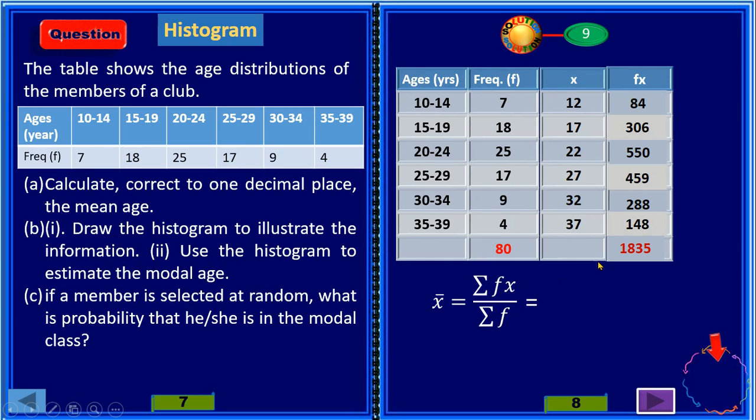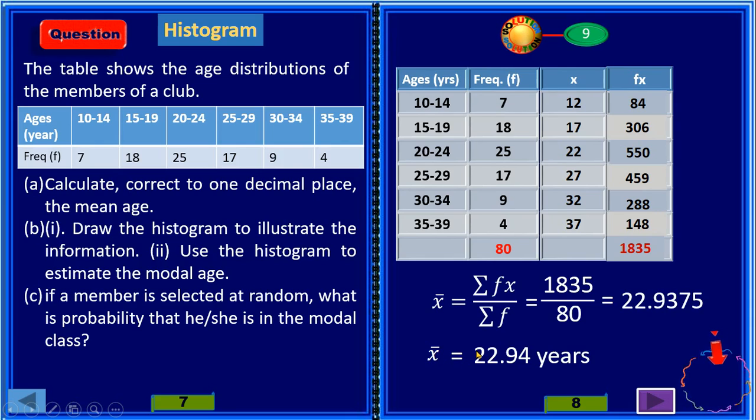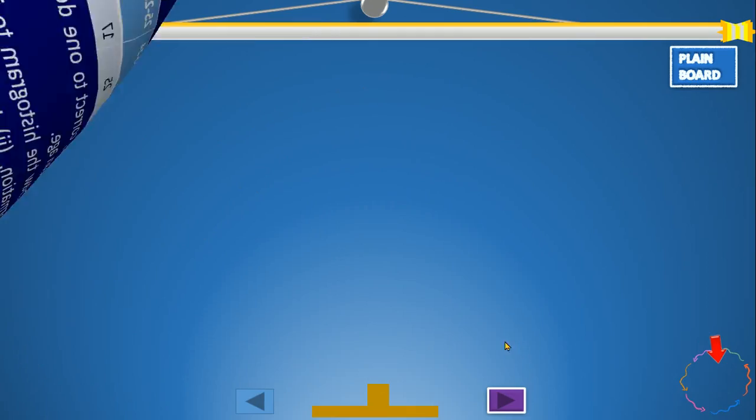And that will give me 1,835 divided by 80. That will give me 22.9375, which you can round up to 22.94 years. Now we're going to go to the next slide to answer question B.